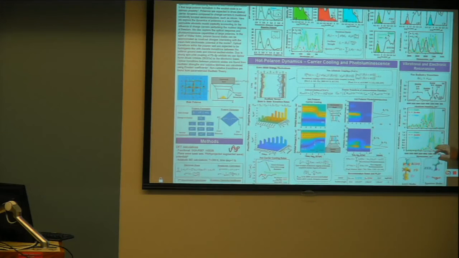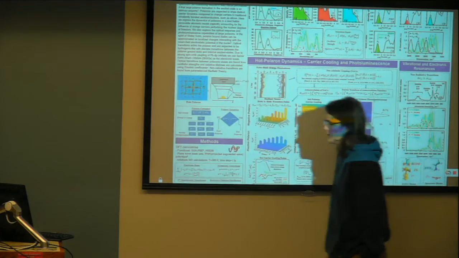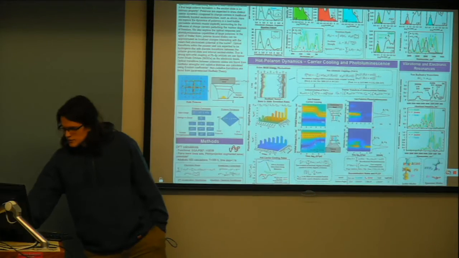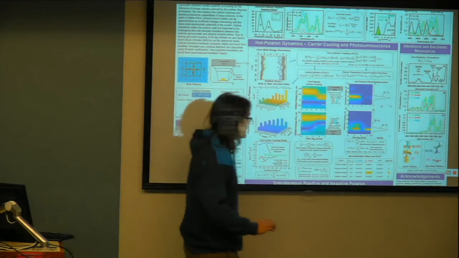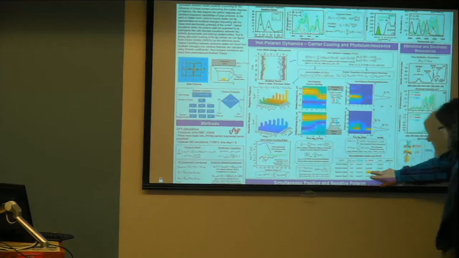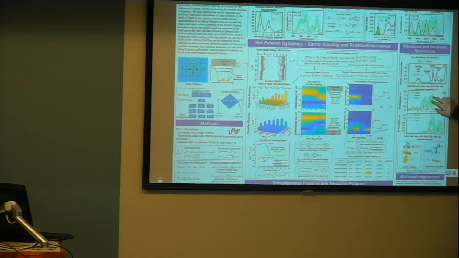And then the positive polaron is in resonance with a lower energy vibration from the lattice. And so the main distinction that I see is for our negative polaron, there's a two order of magnitude difference between these two transitions.